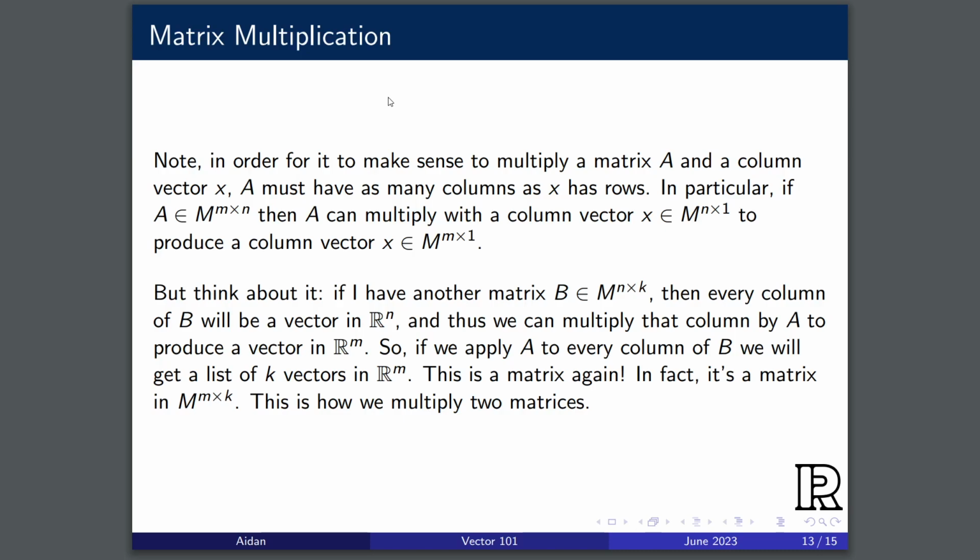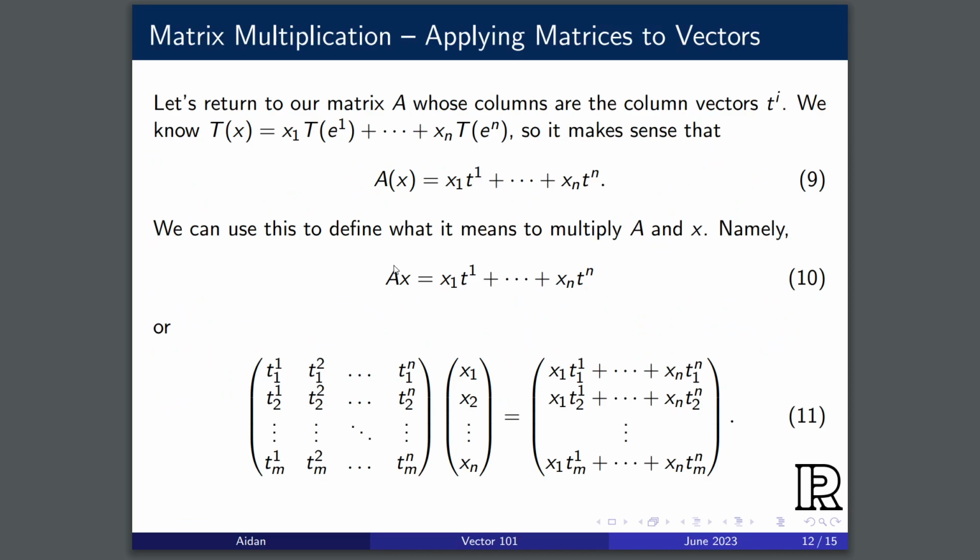But we've now defined a very general form of matrix multiplication: if you have any matrix A and multiply it by any vector X, you just get this sum where you replace the T(e_i)s with the columns of A.